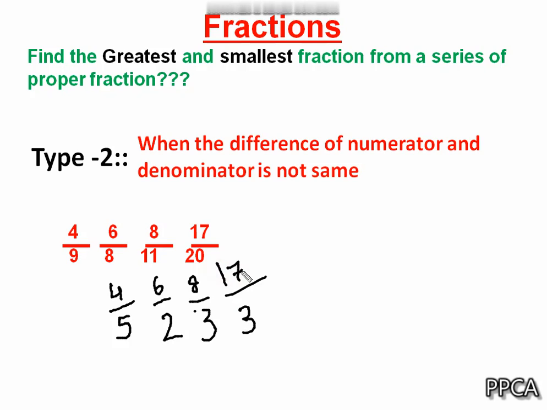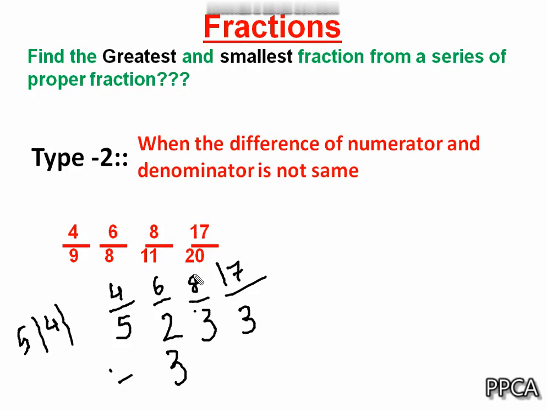By looking at these modified fractions, how will we calculate? There are two methods. The first method is that we simply divide 4 by 5. That means simple division, where 5 is the divisor and 4 is the dividend. The quotient I get from here is point something. By dividing 6 by 2 we get 3.